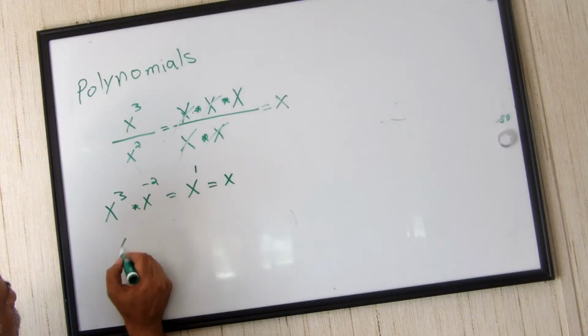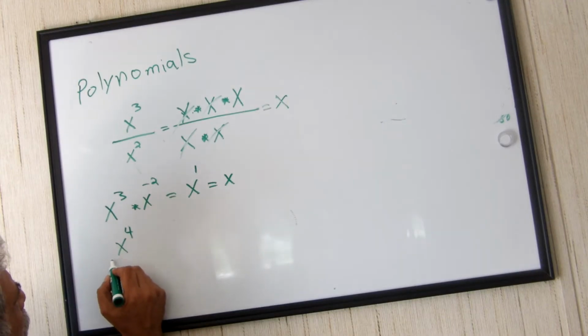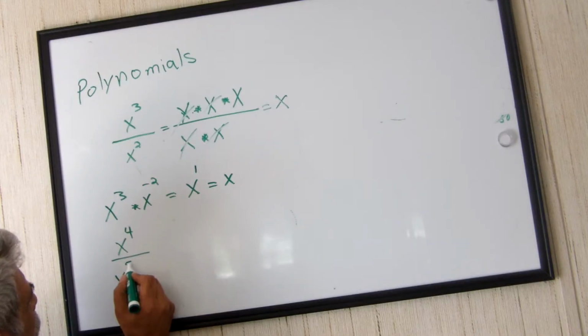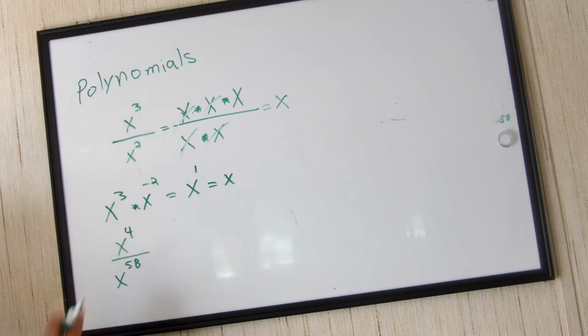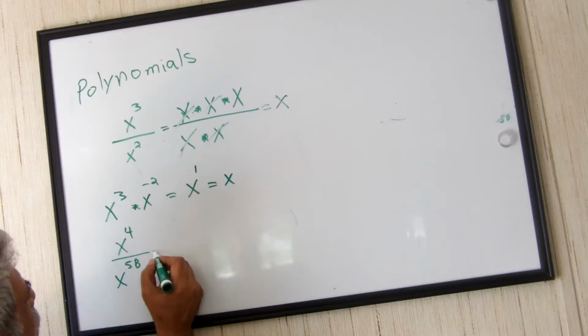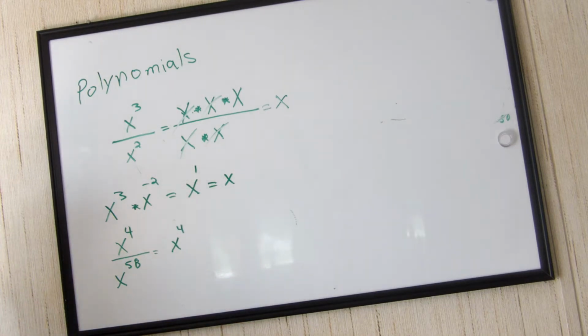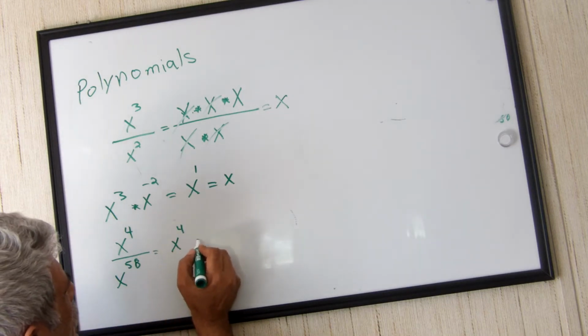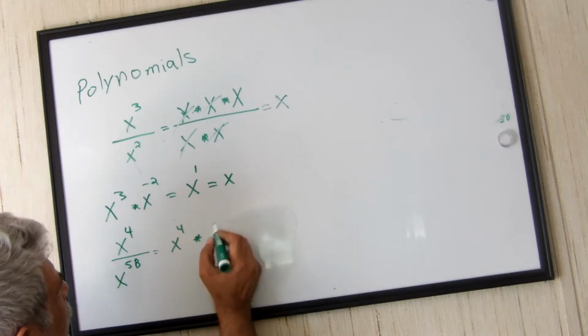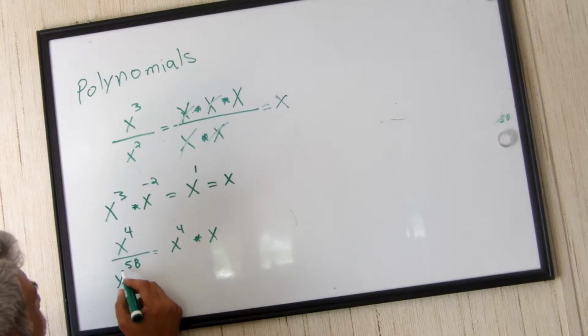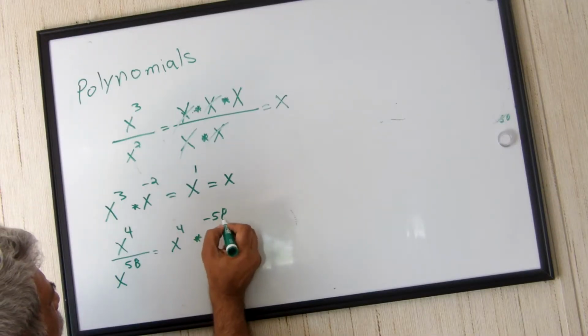How about this? x to the power of 58, a big number, means x is multiplied by itself 58 times. We cannot cancel this out, but what we can do is say x to the power of 4 multiplied by x to the power of minus 58, since when the term moves to the numerator the sign of the exponent changes.